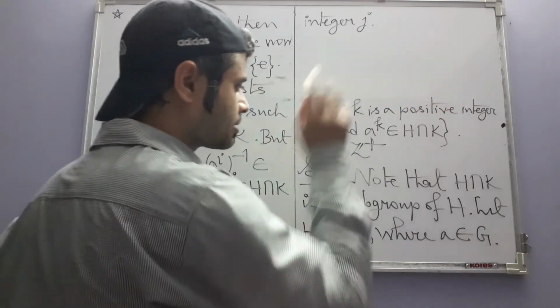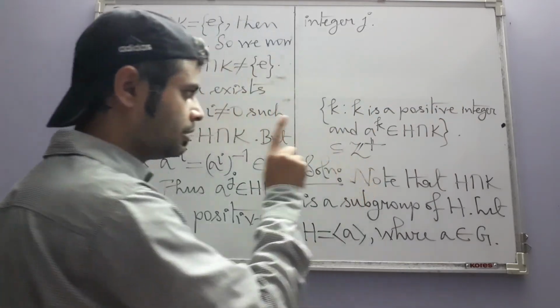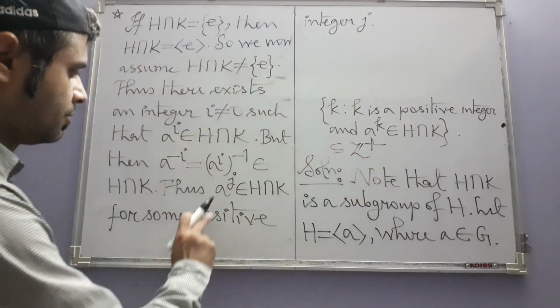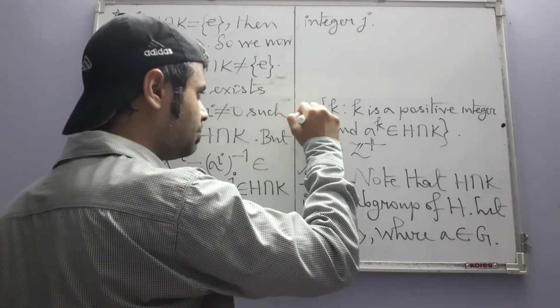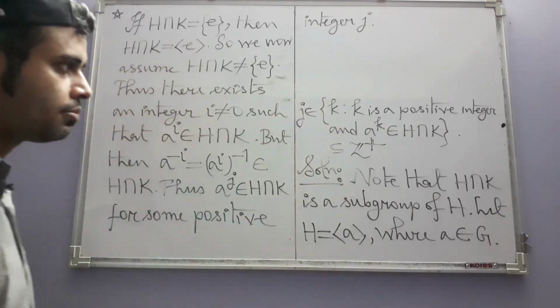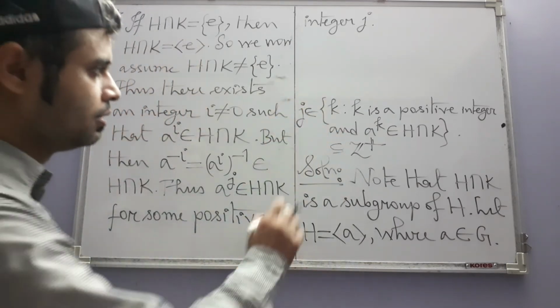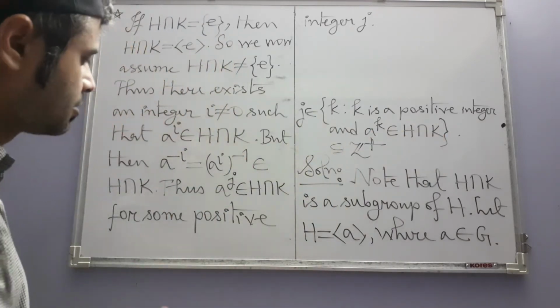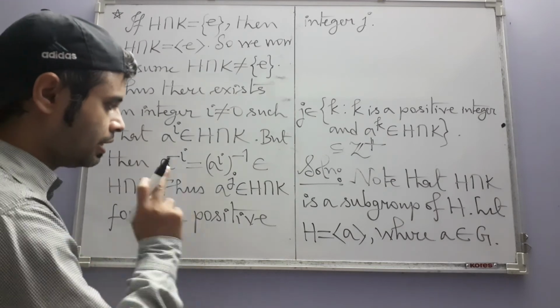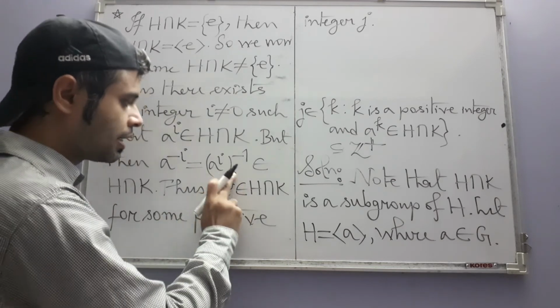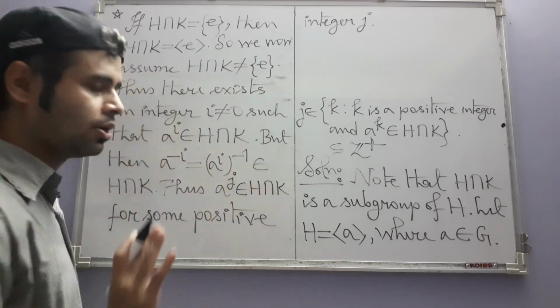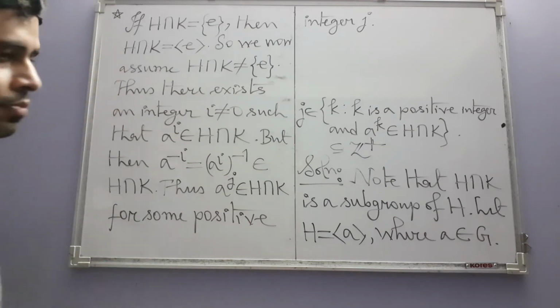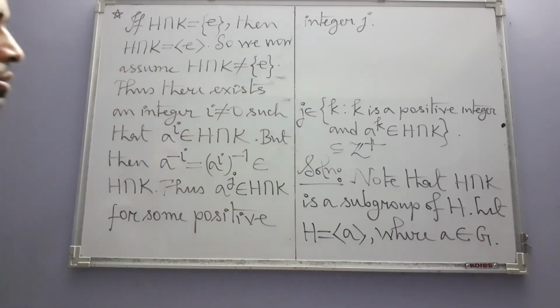It is non-empty because j belongs to this. So by the well ordering principle, this set will have a smallest element. In other words, putting things more simply, there exists a smallest value of j for which a to the power j belongs to this. And now we are going to write that.